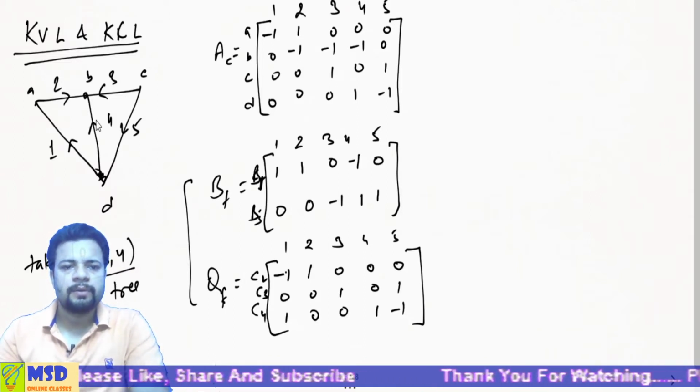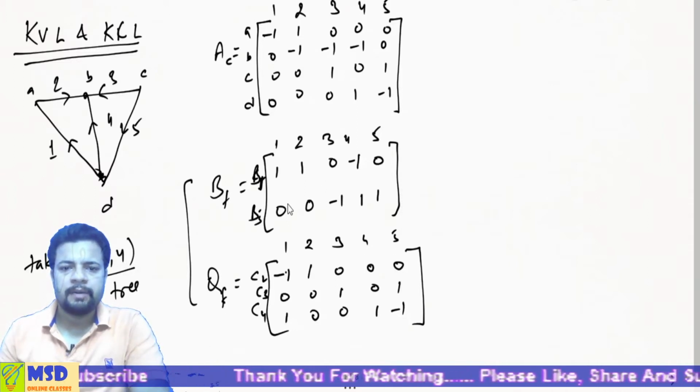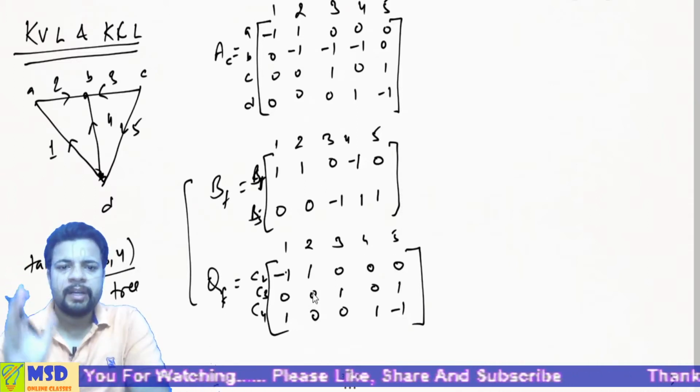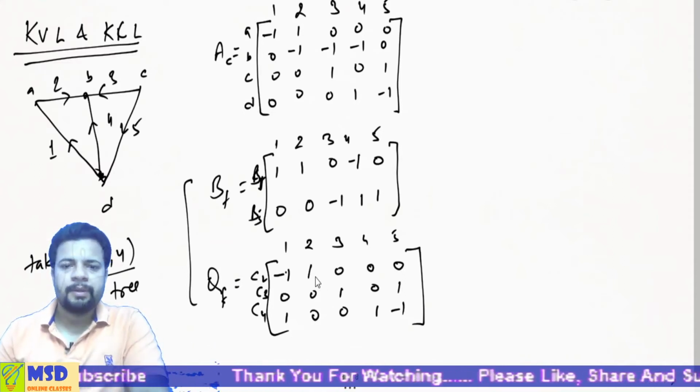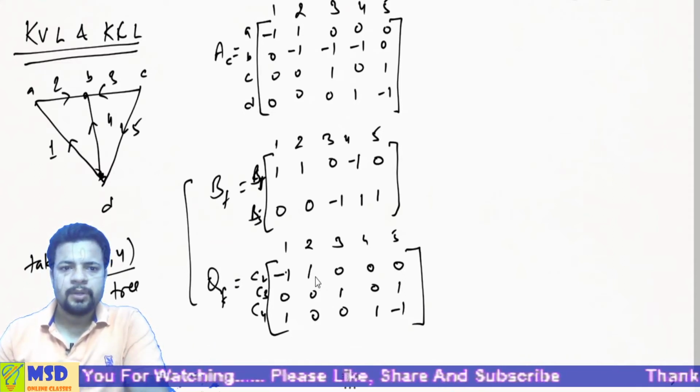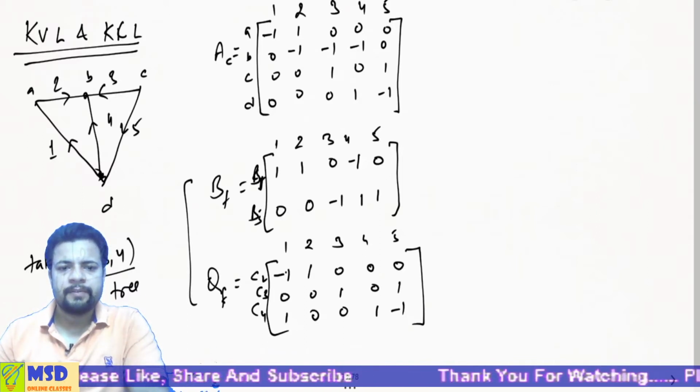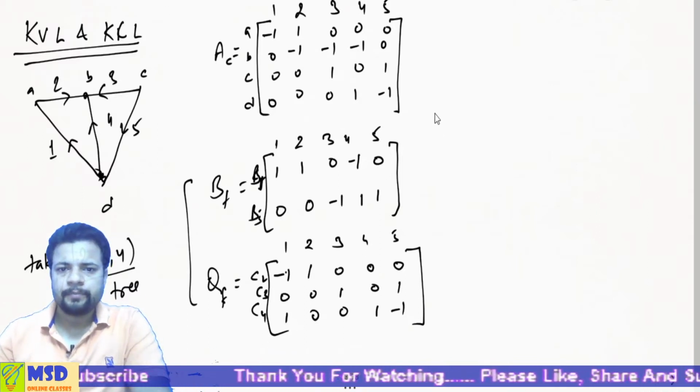Okay, so I have selected 2, 3, 4 as a tree, and then I have developed these matrices. If you find any problem developing these matrices, do see my previous video lectures on F tie-sets and F cut-sets.